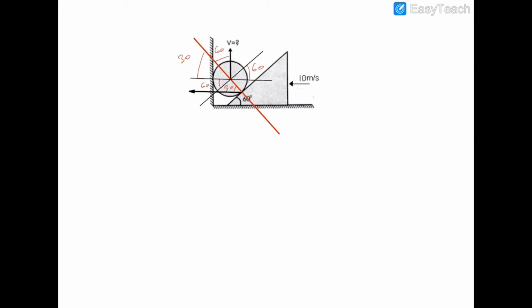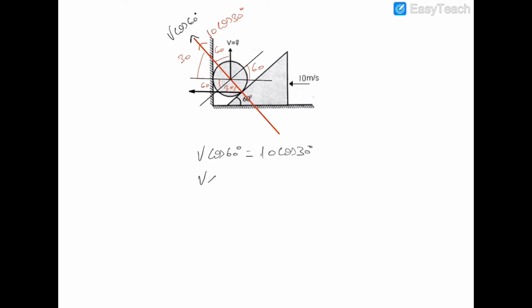So we can see that the component of velocity of V along the normal is V cos 60, and the component of velocity of the wedge along the normal will be 10 cos 30. So we need to equate these components, and we are applying the third step, that V cos 60 is equal to 10 cos 30.